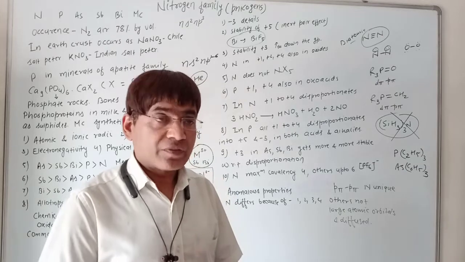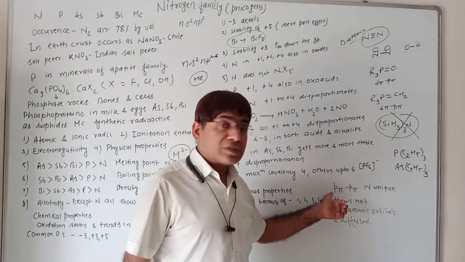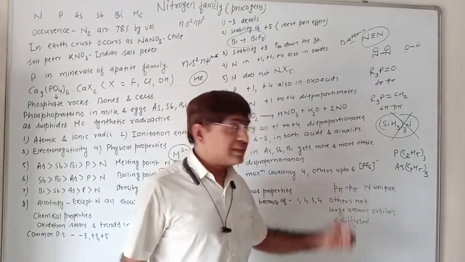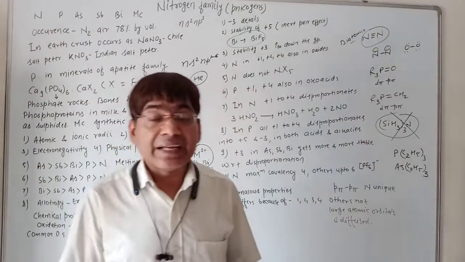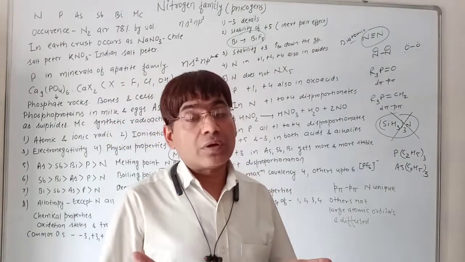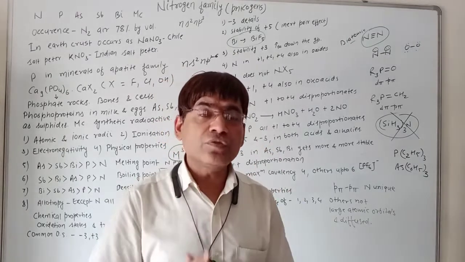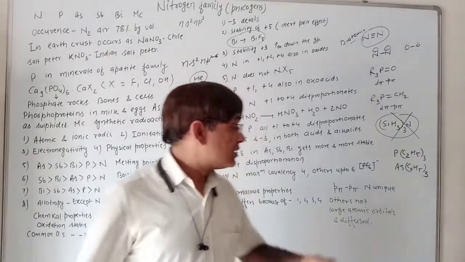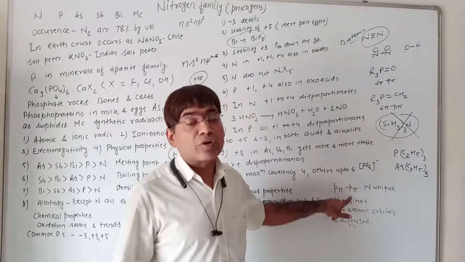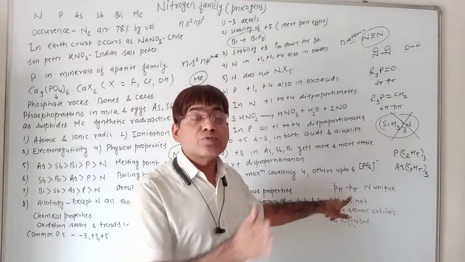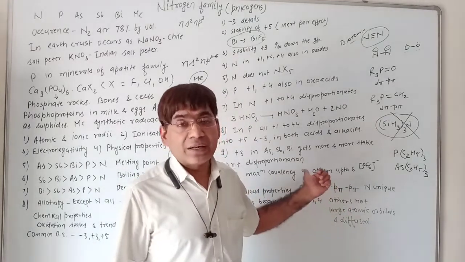Nitrogen can form p-pi bonds because it is smaller in size, and hence the sidewise overlapping of p orbitals is effective because of the closeness of two nitrogen atoms. Nitrogen forms p-pi bonds with other nitrogen atoms or with other smaller sized atoms like carbon and oxygen.